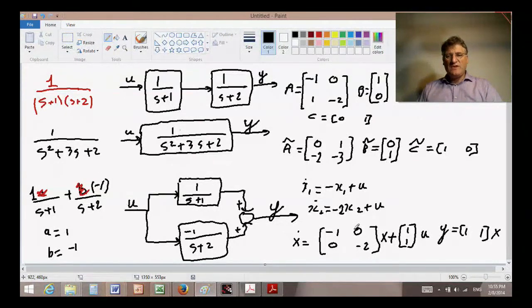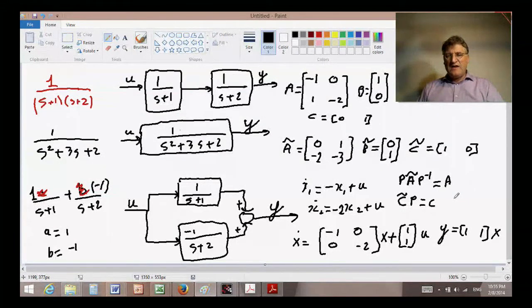In particular, we can go from any of these representations by means of some matrix P. That means we have a certain P such that P A tilde P inverse is equal to A, and such that C tilde times P is equal to C, and P inverse times B tilde is equal to B, just like what we have seen in the previous lecture.